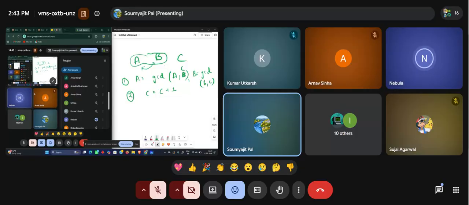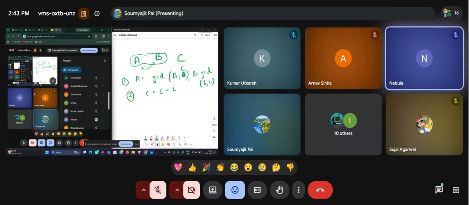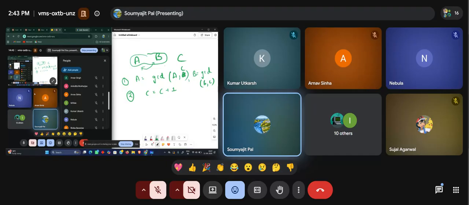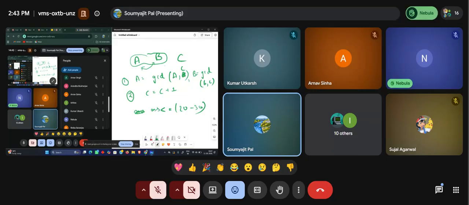Yes, maximum. Okay. So you're saying the maximum answer can be less than or equal to 20 to 30 steps. Okay. And what about others? I think we have solved this.